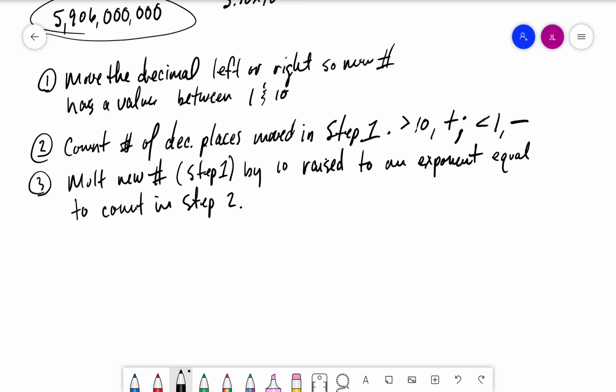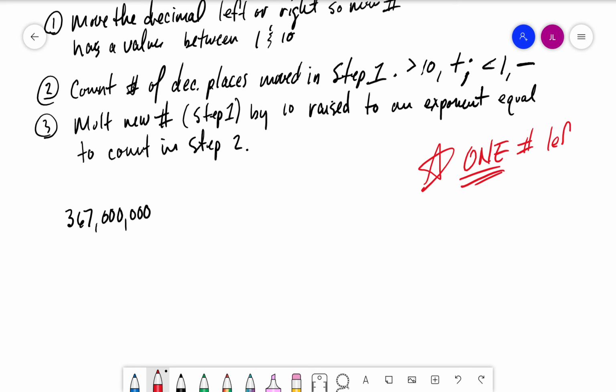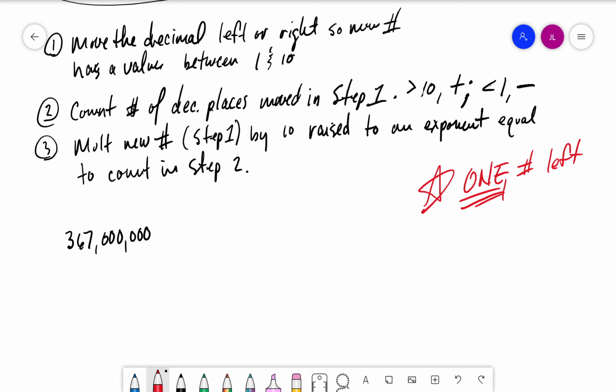Well, what does that mean? Let's look at it exactly. Let's take 367 million. We want to move the decimal point. When we're doing scientific notation, the most important thing is that we can only have one number left of the decimal point.